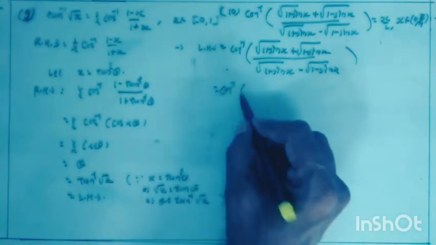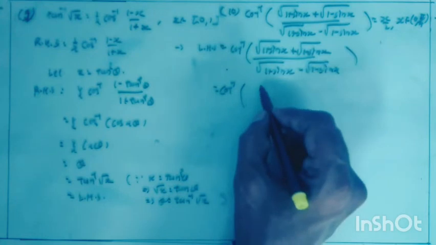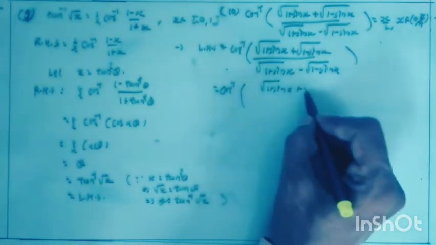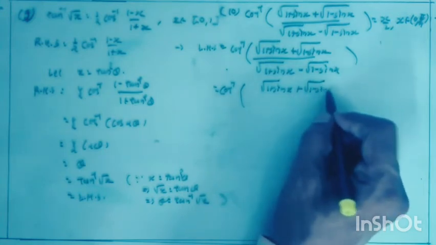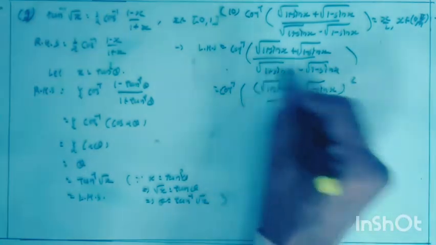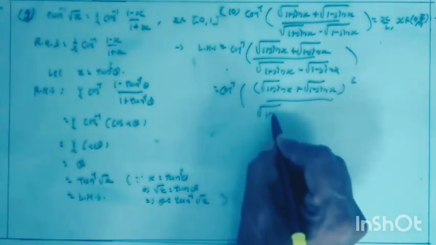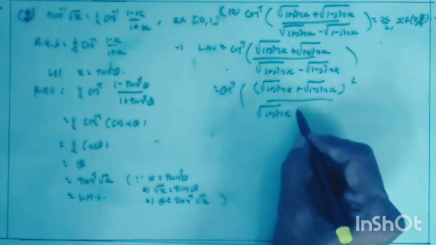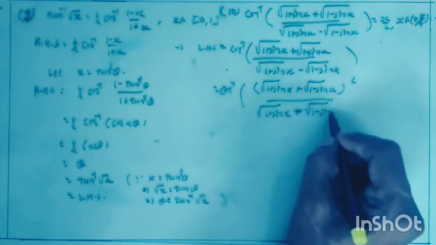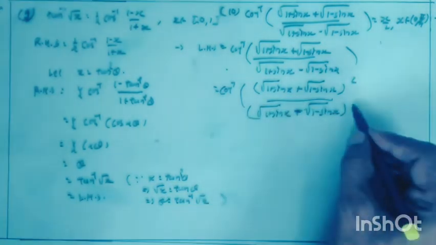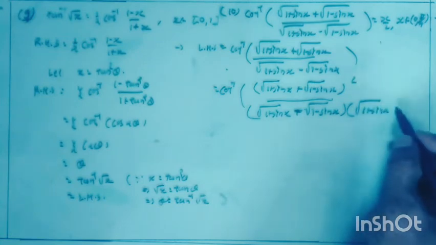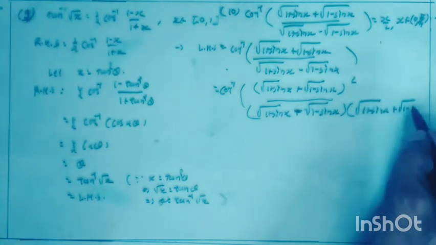So here we get cot inverse of the square of root of 1 plus sin x plus root of 1 minus sin x, raised to 2, upon root of 1 plus sin x plus root of 1 minus sin x into root of 1 plus sin x minus root of 1 minus sin x.